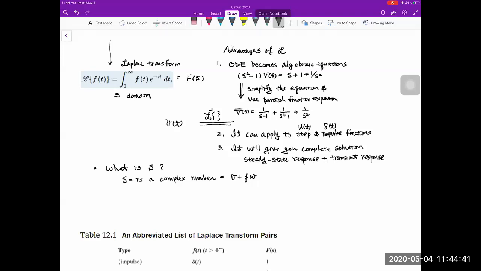Now, what is the unit for the S? If you look at the equation that we have for the Laplace transform, it has an e to the minus S t. And for e itself, exponential, this function doesn't have a unit, meaning the S times t should be unitless.